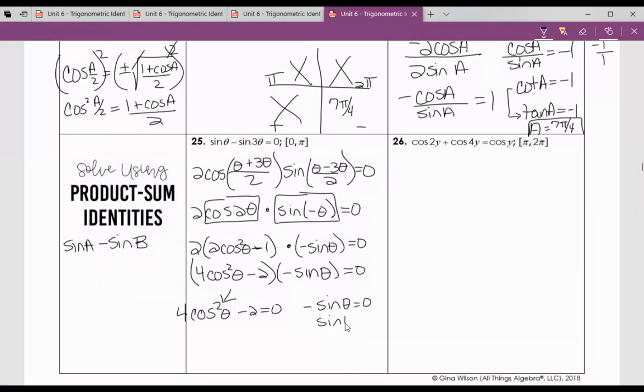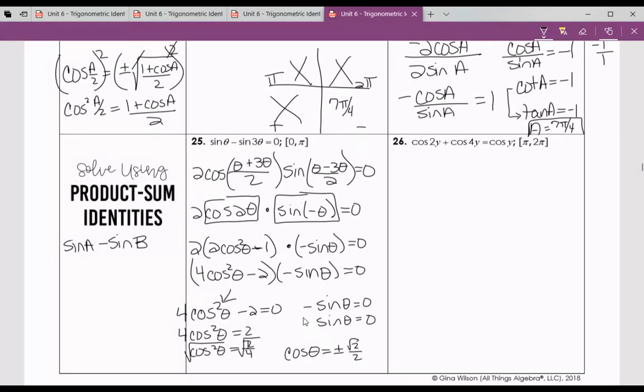This one's the easier of the two because you divide by negative, you still get 0. Here, I have 4 cosine squared theta equals 2. Divide by 4. And that gives me 2 over 4. When I take the square root of it, that gives me cosine theta equals positive and negative square root of 2 over 2.